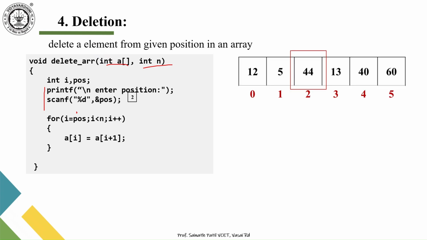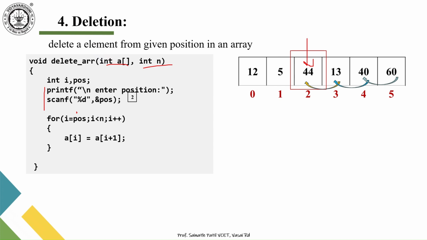Suppose we want to delete 44, which is available at position 2. So the position 3 or index 3 element will be copied or overwritten to index 2. Similarly, the index 4 element will get copied to index 3, and the index 5 element will get copied to index 4.